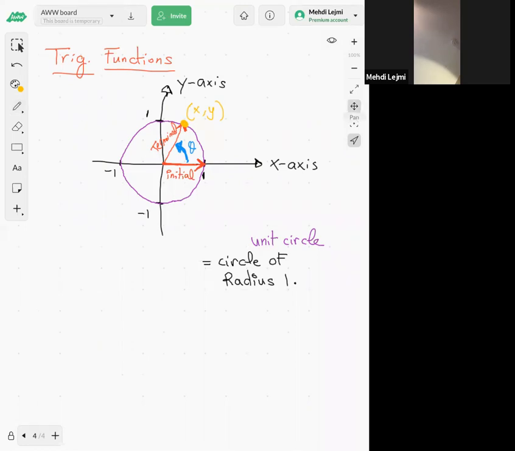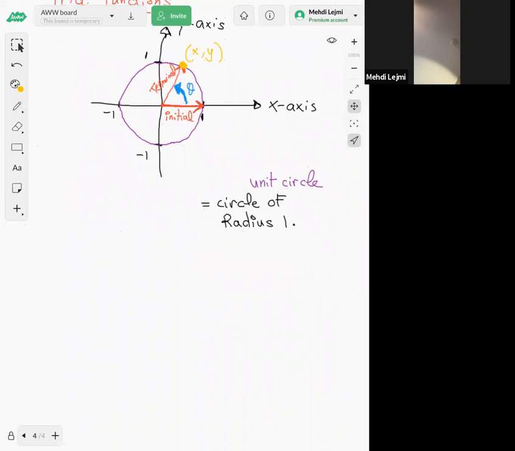Let me draw this angle theta again. There is this initial side here, and there is this terminal side. And here's your angle theta.